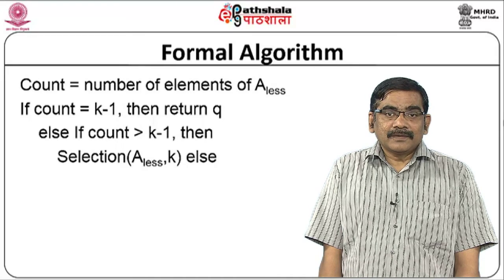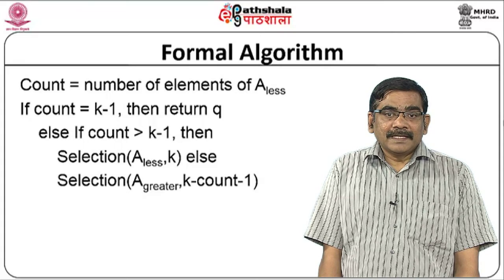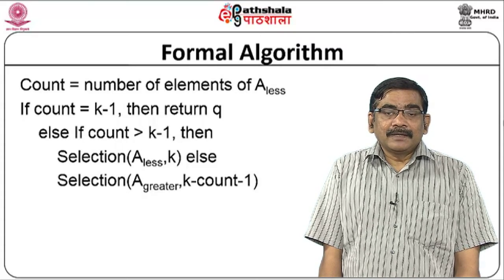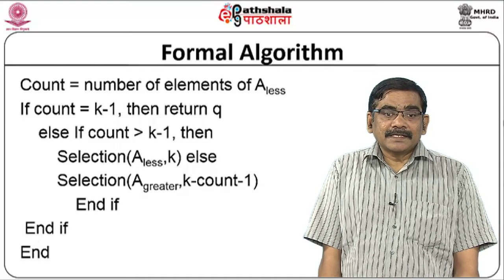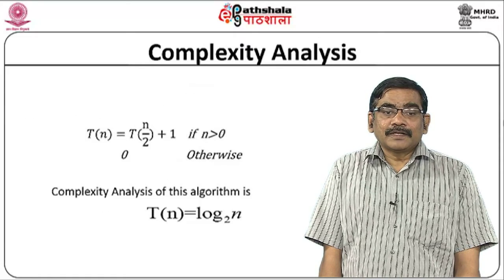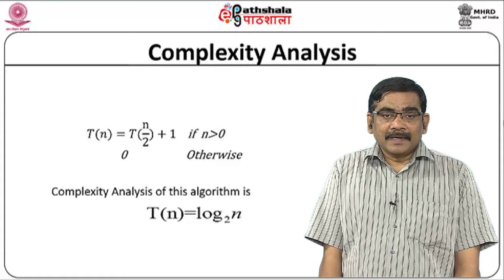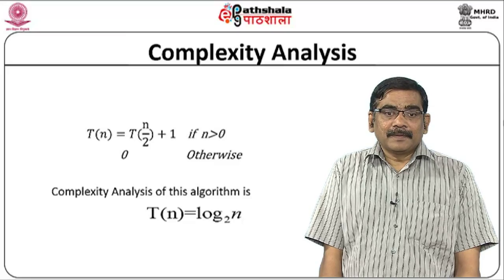If count is equal to k minus 1, then the pivotal element is the answer. If count is greater than k minus 1, then we call the selection procedure recursively using A less and k; otherwise it is A greater comma k minus count minus 1. So, this is the formal algorithm for this problem.